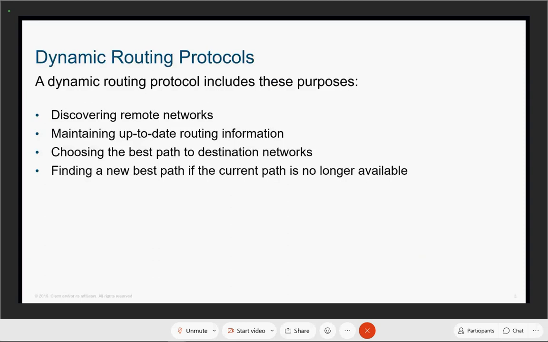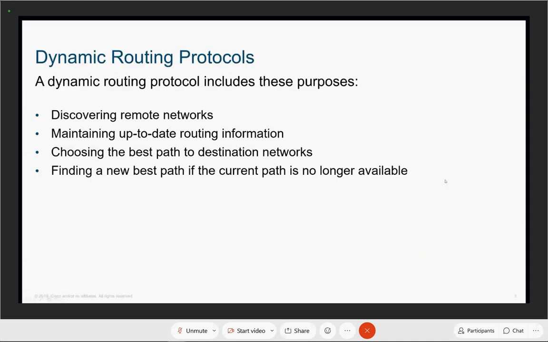One of the things that I want to include, however, in this discussion is where OSPF sits under the umbrella of dynamic routing protocols or protocols in general. So let's talk about this for a minute.